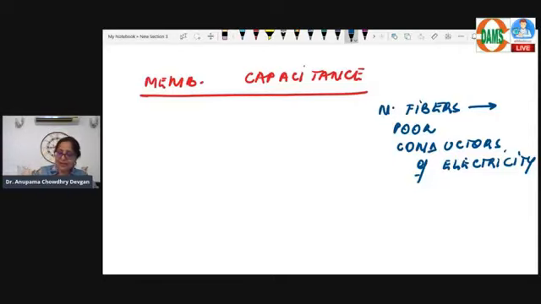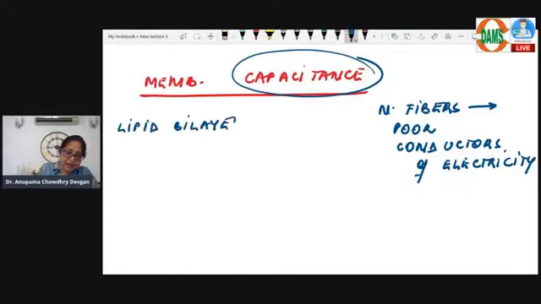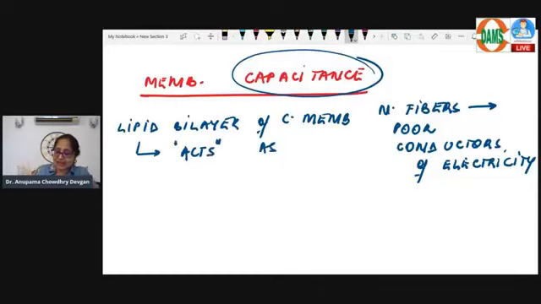But if I apply this concept of capacitance to a nerve fiber, please remember that the lipid bilayer of a cell membrane acts as a parallel plate capacitor.